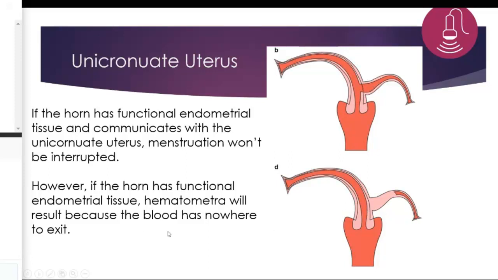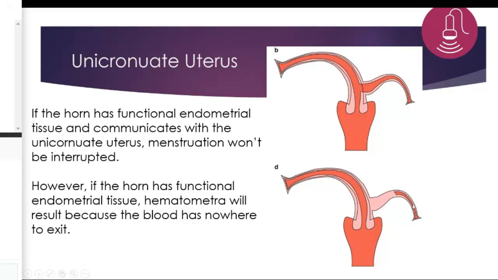So if the horn has functional endometrial tissue and it doesn't communicate with the unicornuate uterus, then hematometra will be present because there's no exit. So unicornuate uterus here, nice open endometrial canal, and then this rudimentary horn, we have some endometrial tissue here, but it does not connect. So there's no exit.